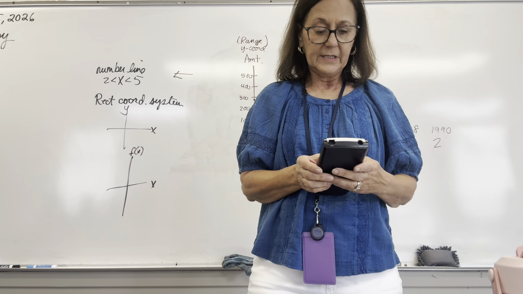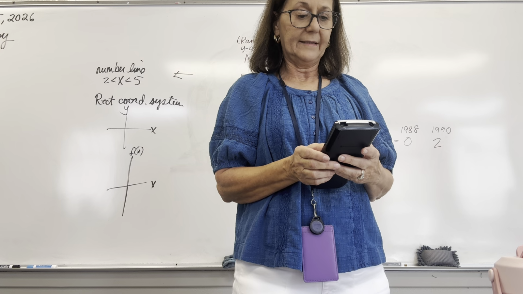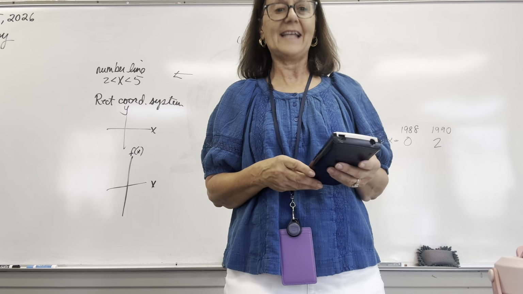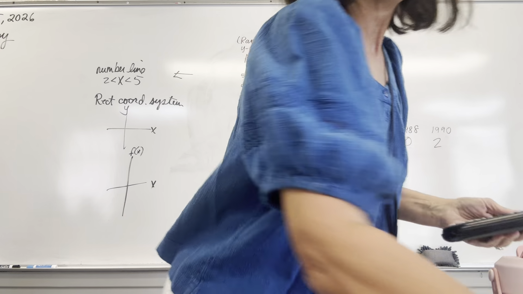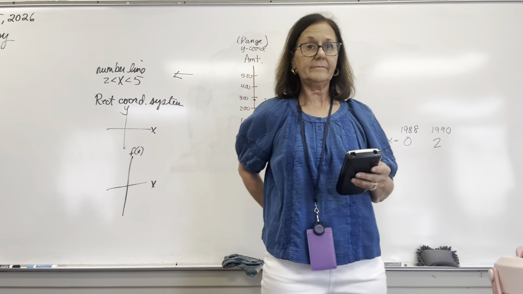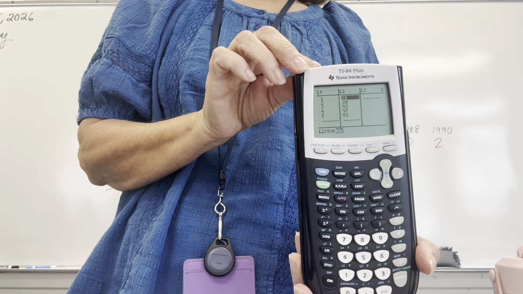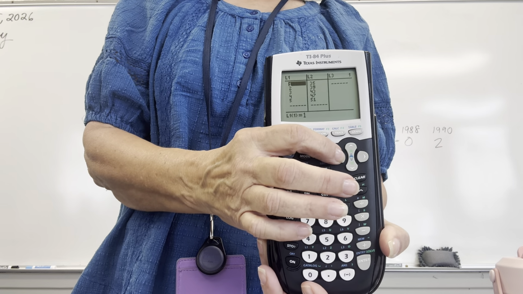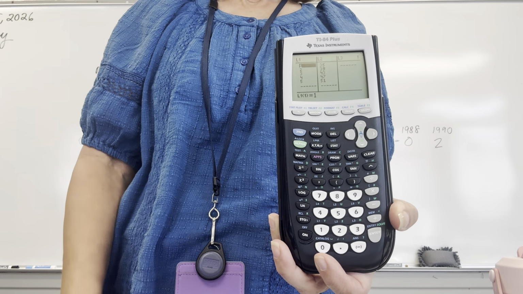Go to second, stat. Cancel that. Just go to stat. Stat, edit. And you have list 1 and 2. Do you have anything in list 1 and 2? Yes. Okay. So toggle over to list 1.